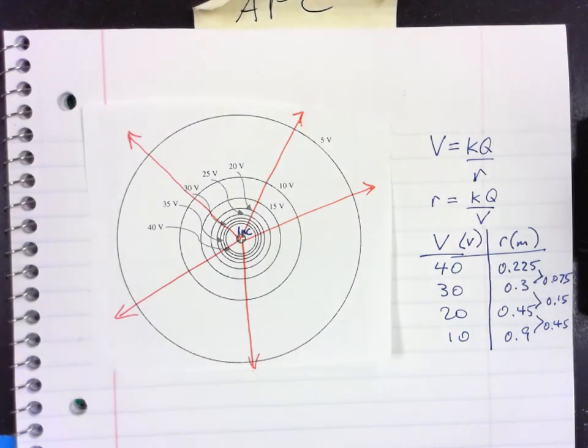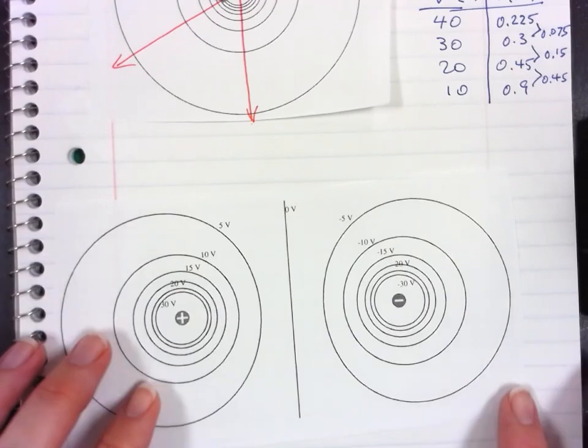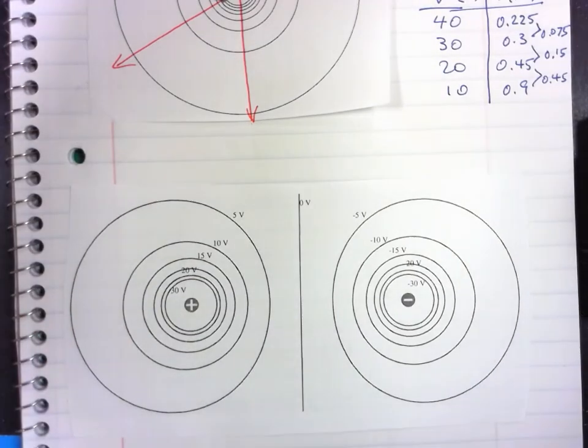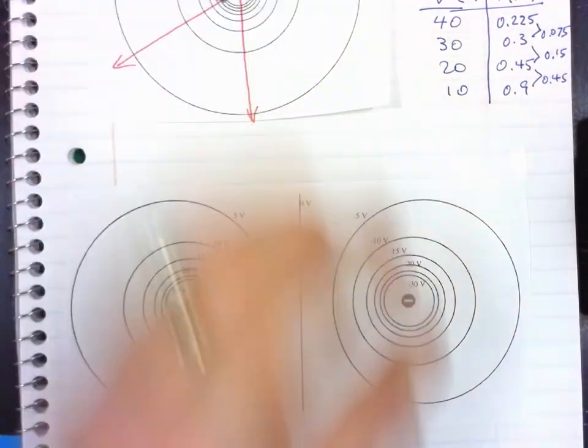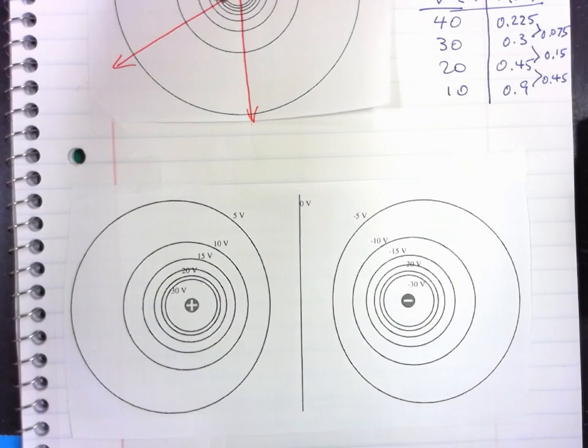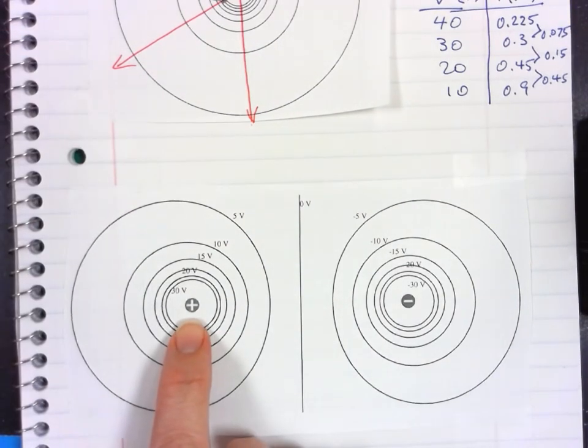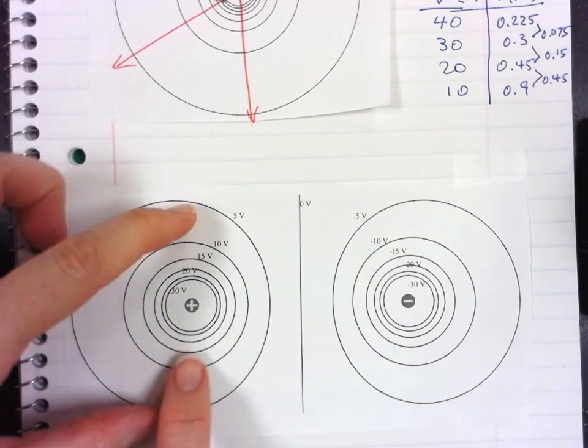So I have another picture, it's a little more interesting. So here I have a positive charge and a negative charge. And first, notice that the equipotential, when it's close to one charge, is pretty much a circle again. But as it gets away, it's less and less a circle.